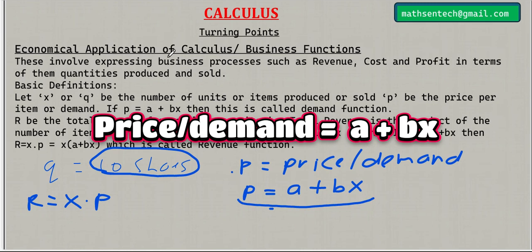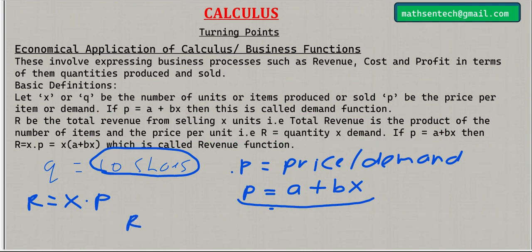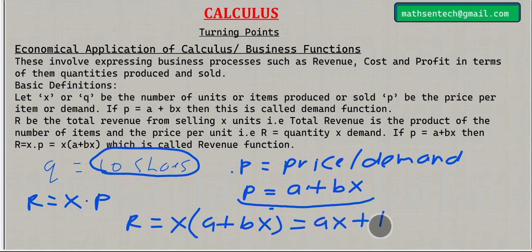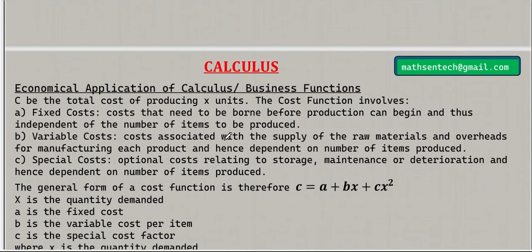So if you want to get R, you simply do X multiplied by P. So instead of writing P, you write A plus BX. Then when you multiply this, you're going to get AX plus BX squared, right? So that is called the revenue function. So we're going on well.